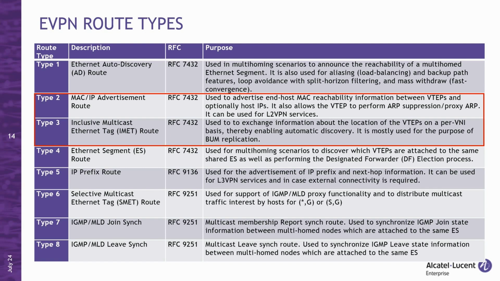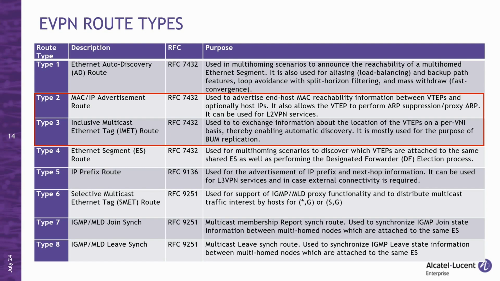The next route type is route type 4, which is also used in multi-homing scenarios. It's used to discover VTEPs which are attached to the same ESI and used for designated forwarder election for BUM traffic handling. We will discuss the designated forwarder election later in this presentation. The next route type is route type 5, or IP prefix route, which is used to advertise IP prefixes rather than MAC or MAC-IP as advertised in route type 2.